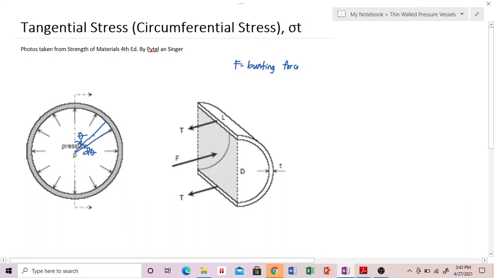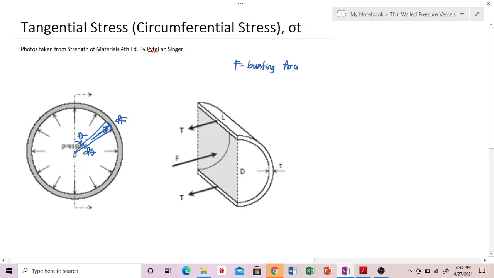Okay. So, yung F na yan, class, magkakaroon tayo dito, kasi element lang yung kinukonsider natin, ng value na dF. Kasi element lang tayo, dF tayo. So, in this portion, kukunin natin kung ano yung force, concentrated load na tumatama dito sa portion lang na ito.